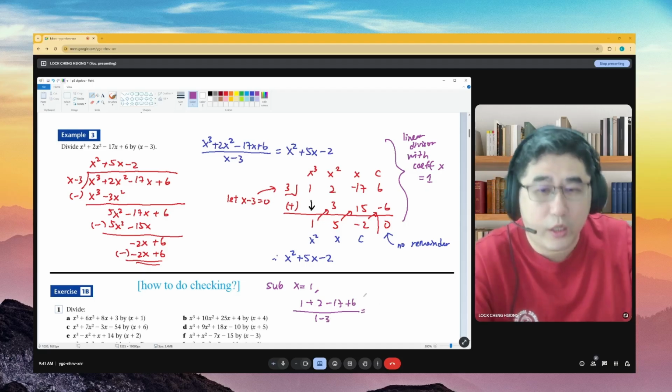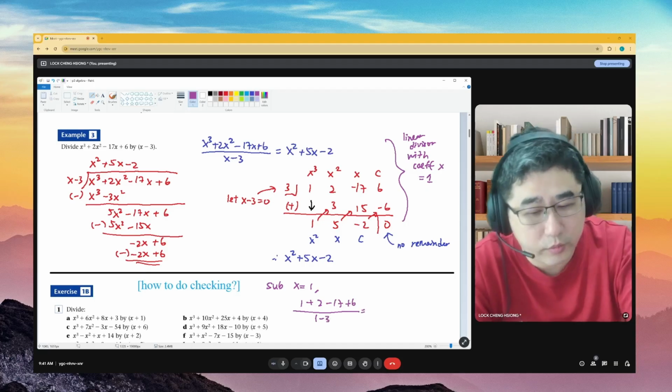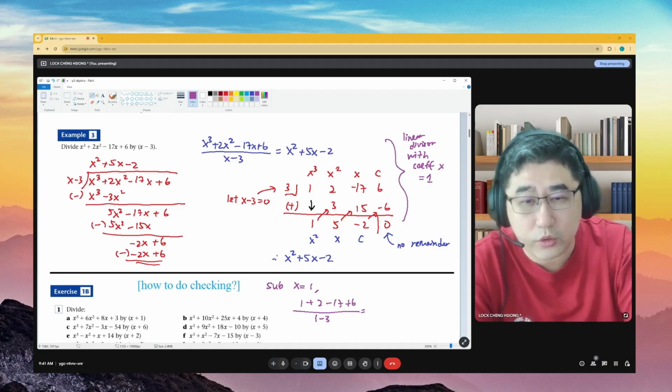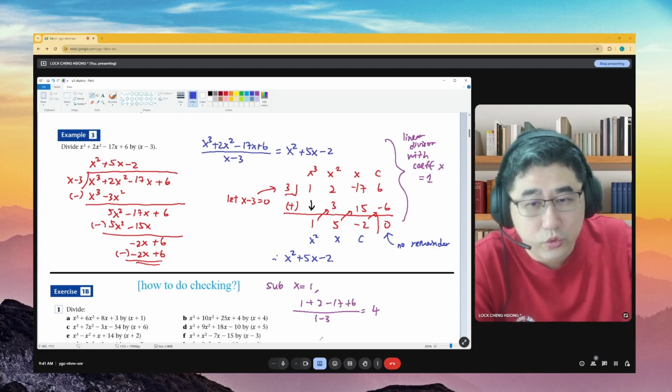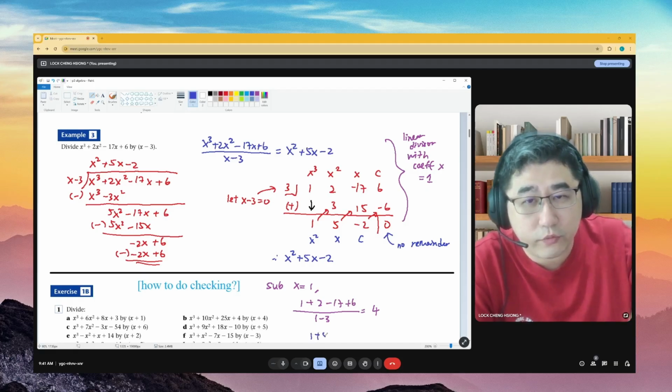Let me press the calculator. So 1 plus 2 minus 17 plus 6 over 1 minus 3. So I have a value 4. On the right hand side, I have x squared plus 5x minus 2. So I have 1 plus 5 minus 2. So 4.